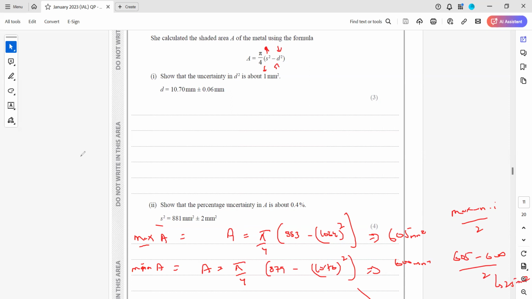Percentage uncertainty will be uncertainty divided by the mean, because we have two values, into 100. So it will be 2.5 divided by the average, 602.5, into 100. So when you work out the percentage, it will be about 0.4%. Is it clear?